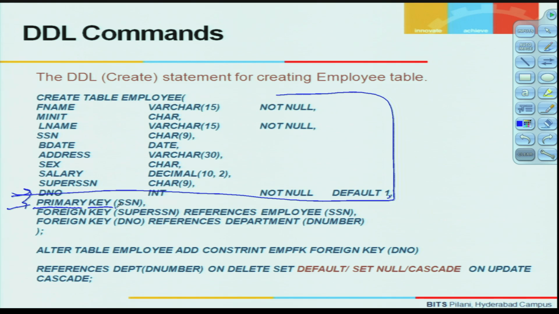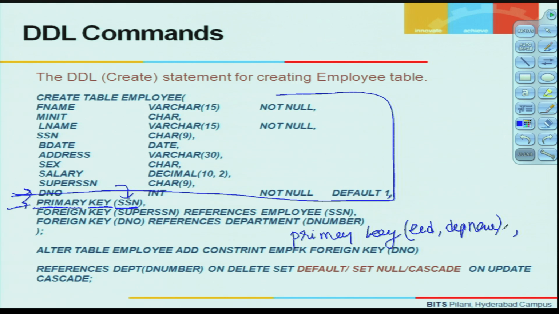PRIMARY KEY, and in parentheses I need to specify which is the primary key attribute for the table. In this case it is going to be SSN, so that is the primary key. Of course, in some cases more than one attribute together act as the primary key for the table. In that case, suppose the employee ID and dependent name are the primary key, then I can write PRIMARY KEY (employee ID, dependent name).